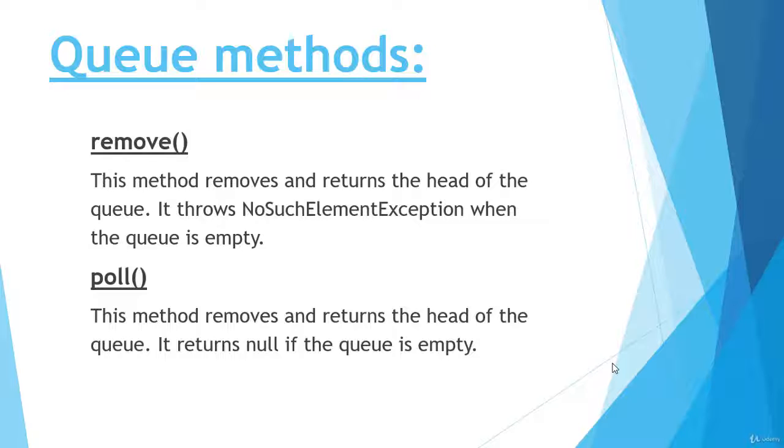Next is the poll method. This method removes and returns the head of the queue. It returns null if the queue is empty. This is just like the remove method, but this method will return null if the queue is empty. So these are the 5 methods present in the queue interface.